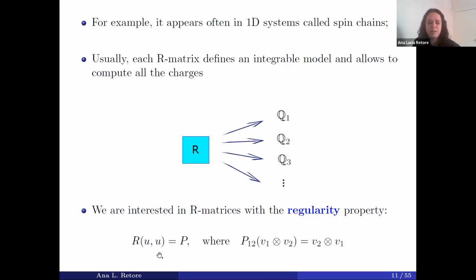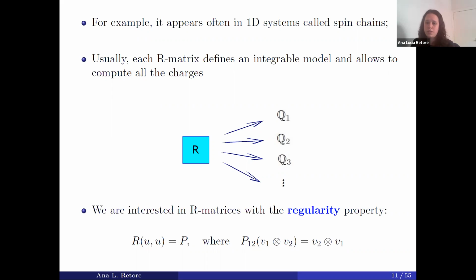So if this is satisfied, it also means that in your spin chain, when you construct the Hamiltonian, you put particles on each site. The consequence of having this regularity property is what is called nearest neighbor interaction, which means that one site only sees the one on its right and the one on its left.